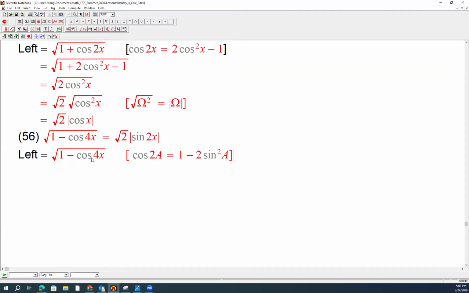Okay, we got cosine 4x, right? 4x, we can see this as 2 times 2x. So 2a, this will be 2x, going here. Okay. And now we're going to bring this in.